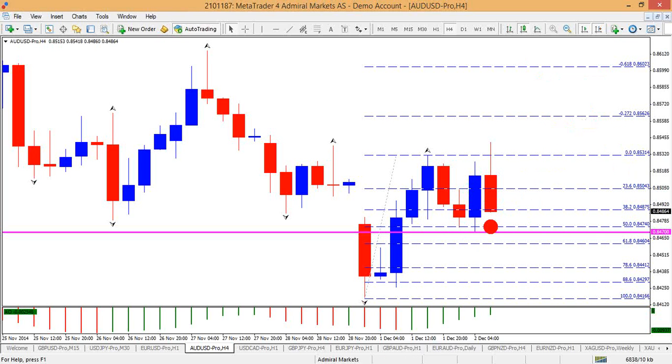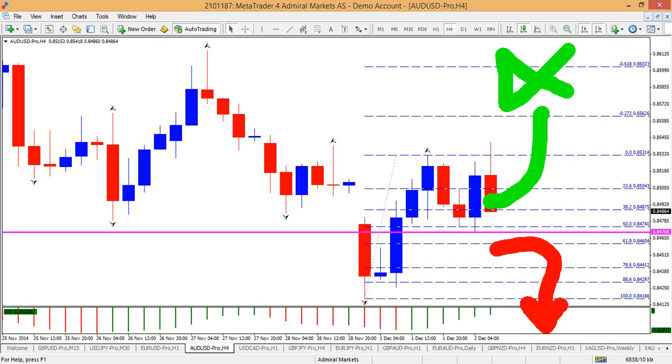The other scenario would be that price doesn't get up that high and breaks lower like this.